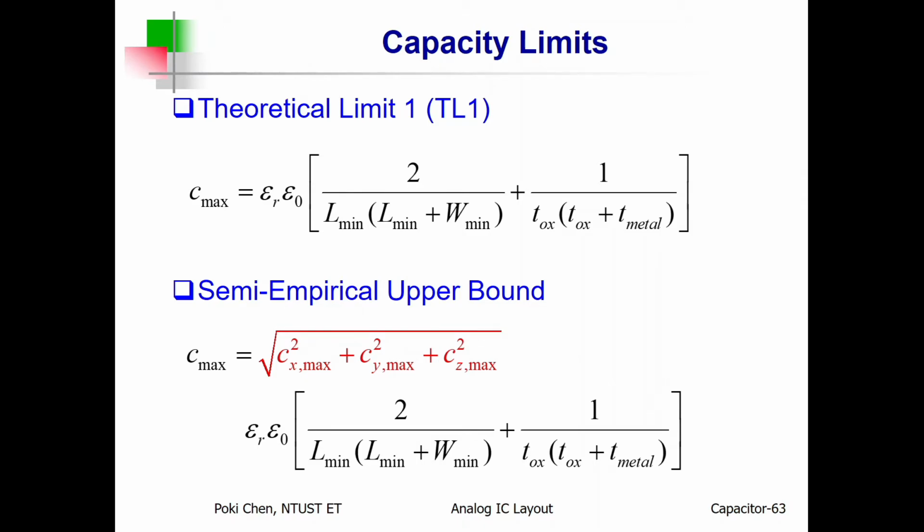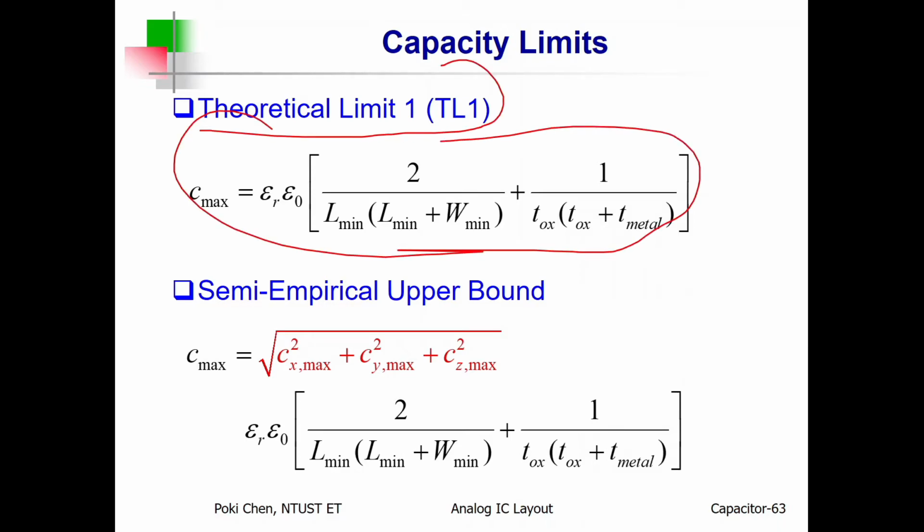Anyway, this is some kind of capacitor limits according to physics, fundamental physics. The theoretical limit looks like this, but in practice, we have no way to achieve it. So we have another semi-empirical upper bound.